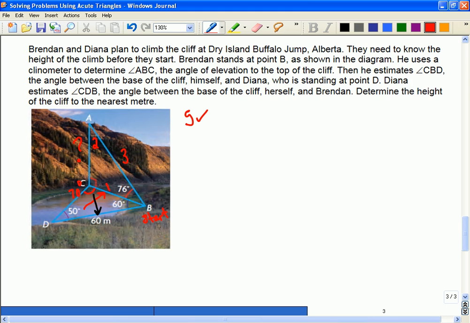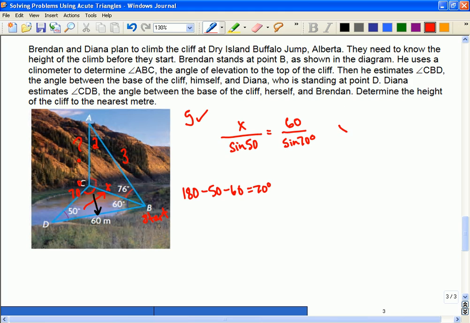Let's call it x. So the length x over the sine of 50 is equal to 60 over the sine of 70. That's how we got 70. Correct.